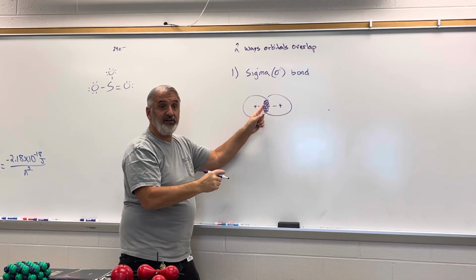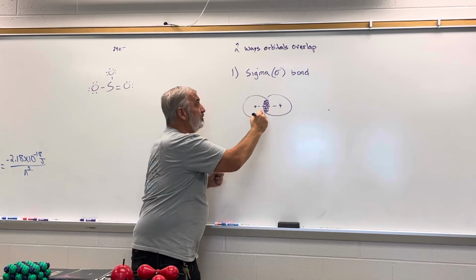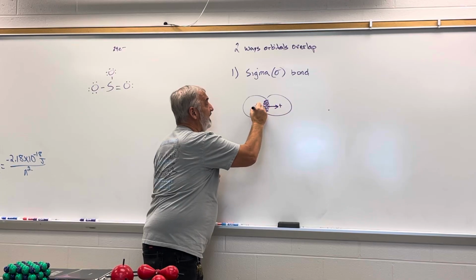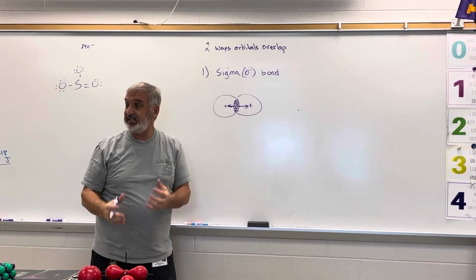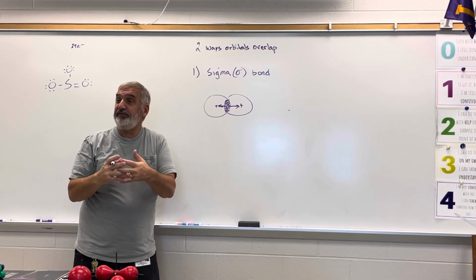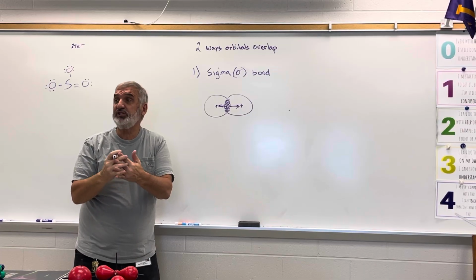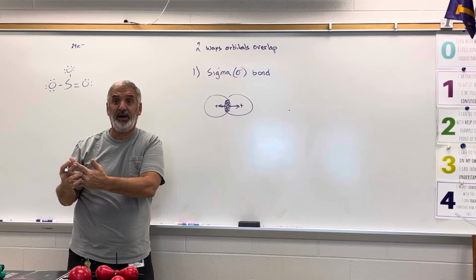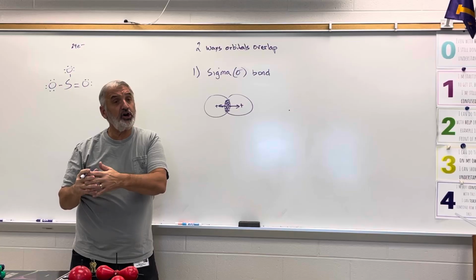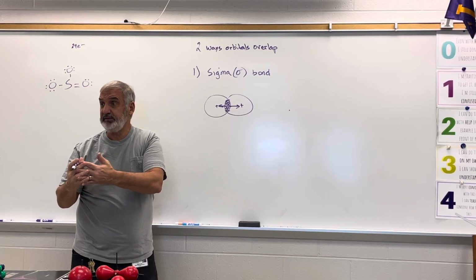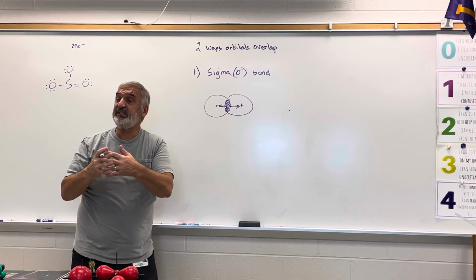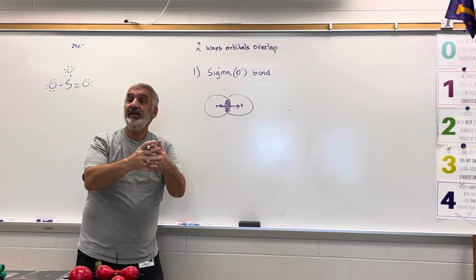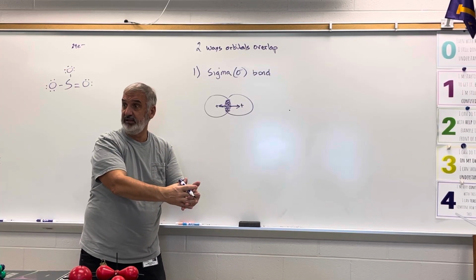So this pair of electrons in between is being equally pulled this way and that way. That's a sigma bond. The first bond between any two atoms is always a sigma type bond. It's the strongest, the greatest degree of overlap. So if it's a single bond, it is a sigma bond.